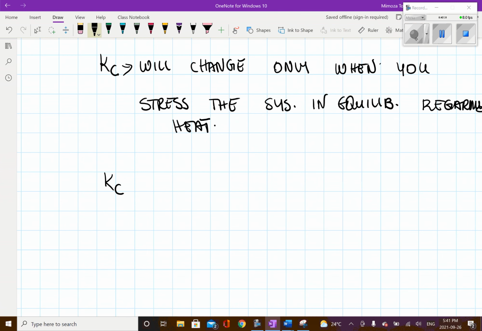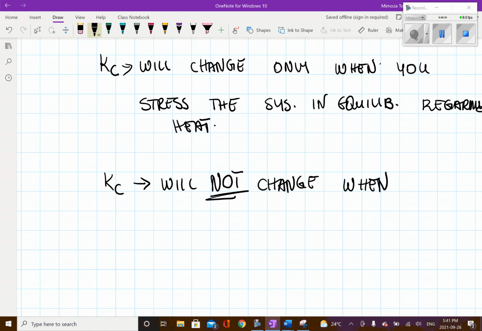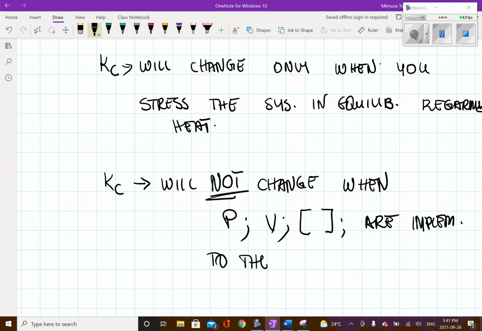The equilibrium constant will not change when pressure, volume, and concentration are changed in the system in equilibrium. Okay?